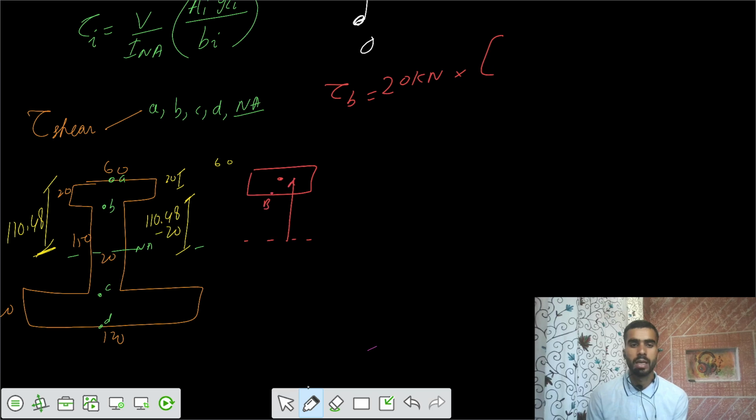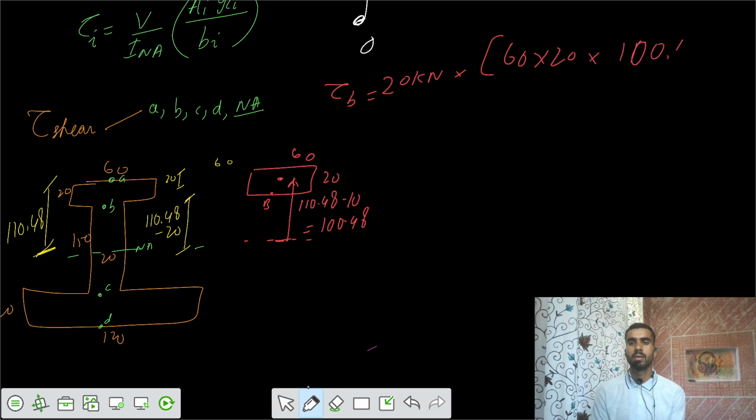This is point B, and the area above that point equals 20 into 60, and the centroid is at a distance of 100.48 minus 10. So YC equals 100.48. So I can write area is 60 into 20 into 100.48, and divided by INA.